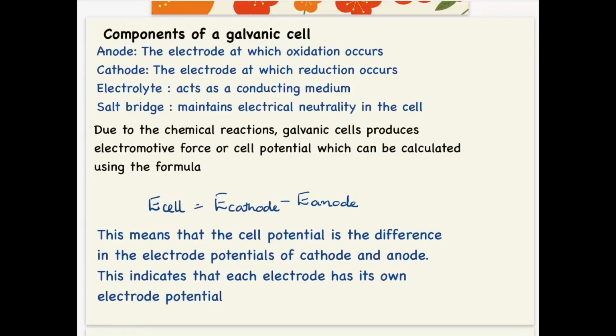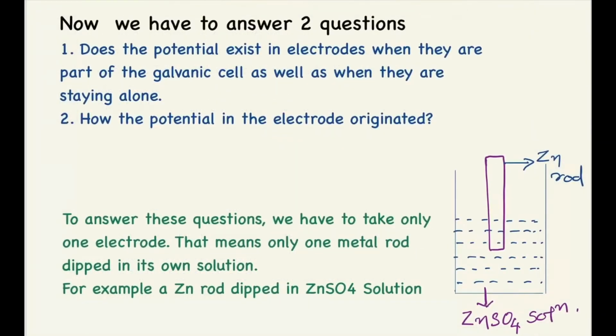So now we got an idea that individual electrodes have their own electrode potential. We have to answer two questions. First, does the potential exist in electrodes when they are part of the galvanic cell as well as when they are staying alone?